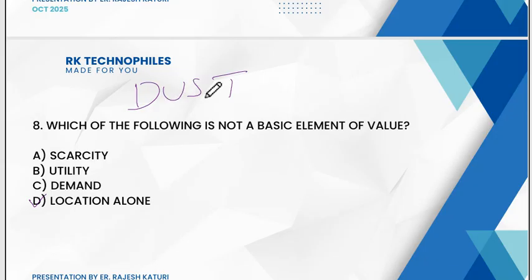Demand, utility, scarcity, transferability. These four things are important while dealing with a property. Okay, so here demand is here, utility is here, scarcity is here, transferability is here, but location alone is not a basic element of value.